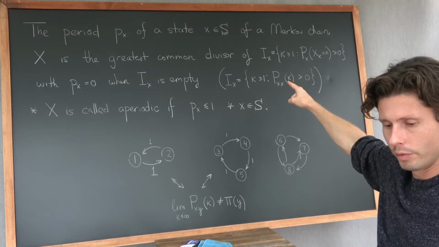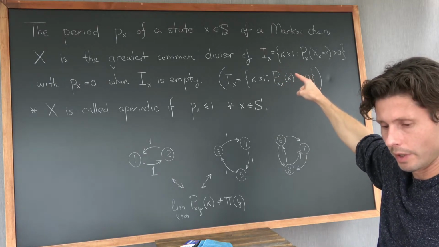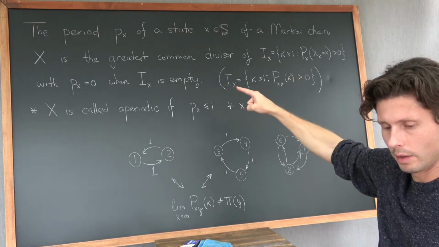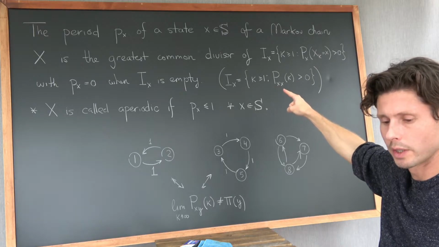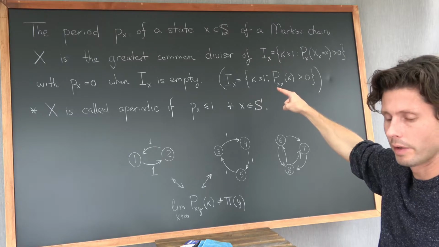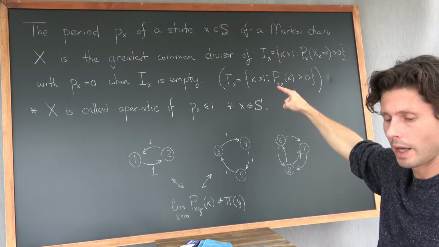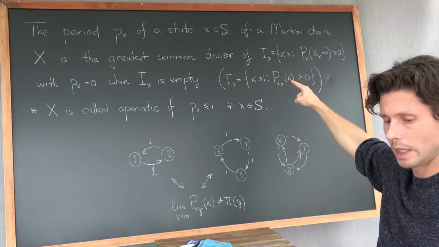Here I wrote down a different way to think about the same definition. The set of return times of positive probability can be written in terms of the k-step transition probability. This is nothing other than starting from state x and returning again to state x in k steps.